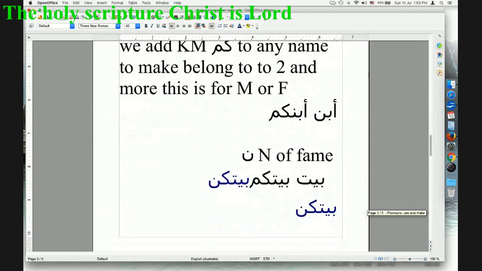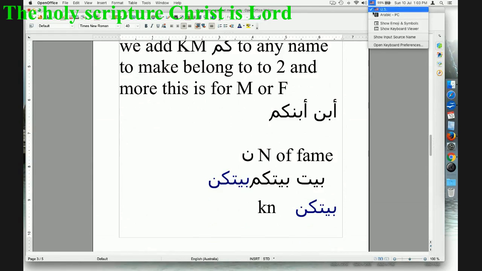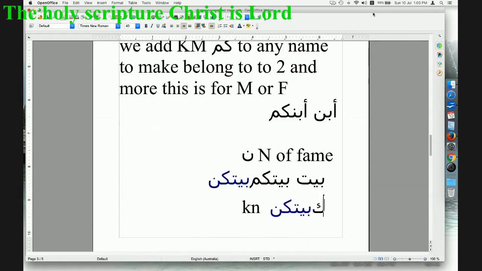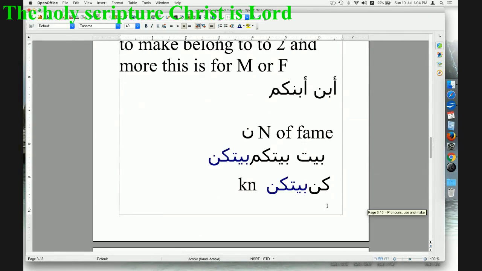Now if we want to make it for females, we said we add the letters K and N. All right. So instead of kum, we replace it with kun. I don't know how to separate it. Okay, let's go down.